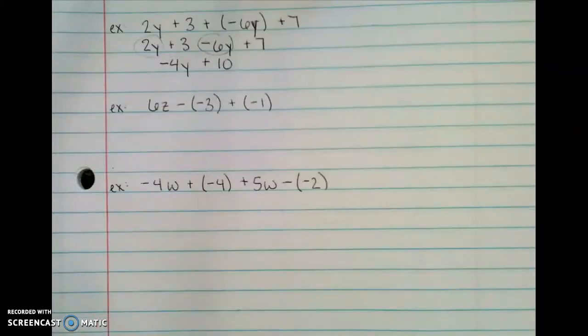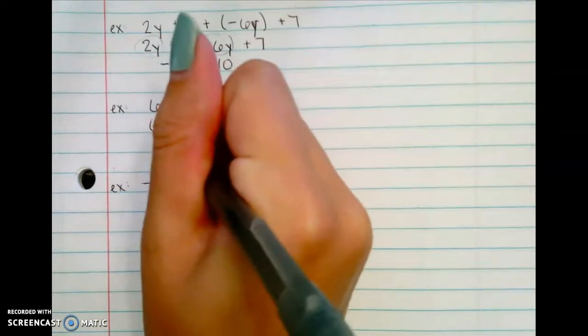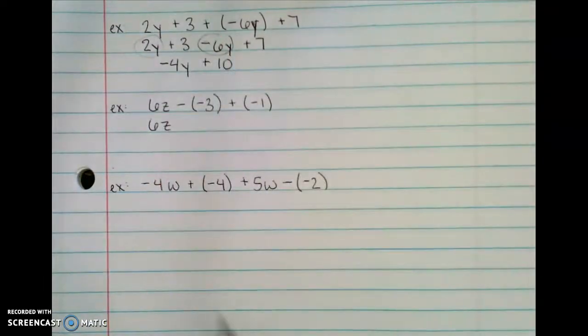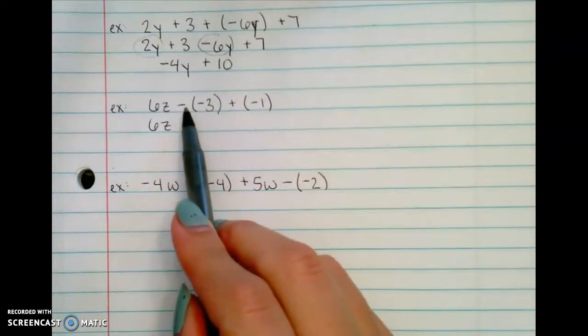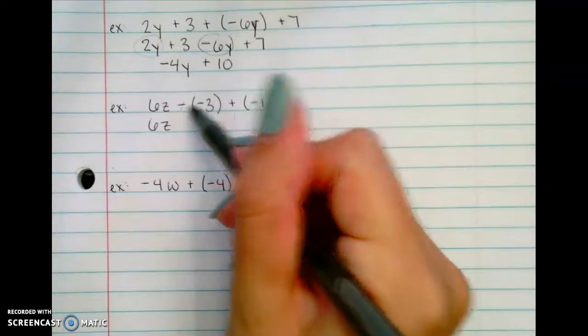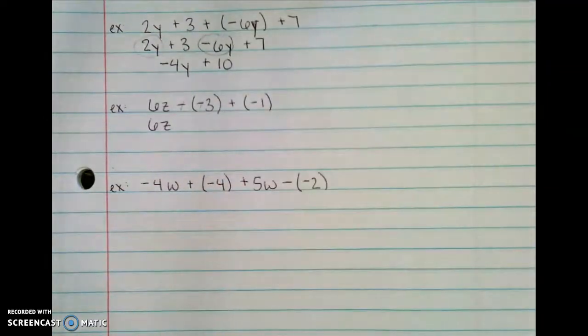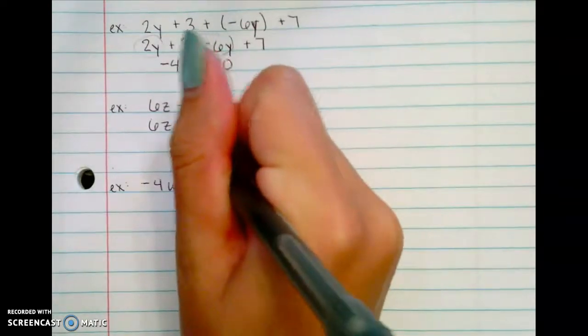And our last two problems, I threw some more parentheses in there so we could practice rewriting these. I'm going to drop 6z down, and I have a minus negative 3. Now when you're minusing or you're subtracting a negative, remember that both of those will actually cancel each other out and turn to adding. So we're looking at 6z plus 3.